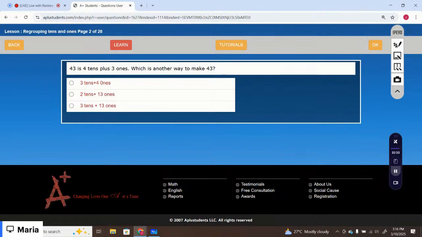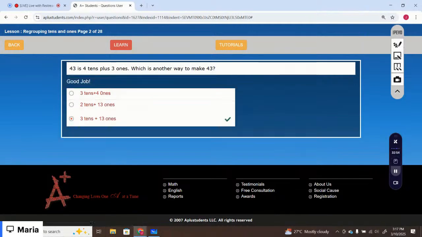Which is the correct option? Option number 3 is the correct option. 3 tens and 13 ones.